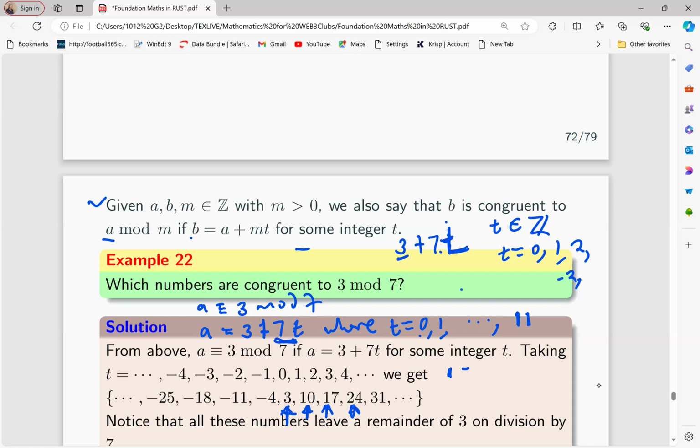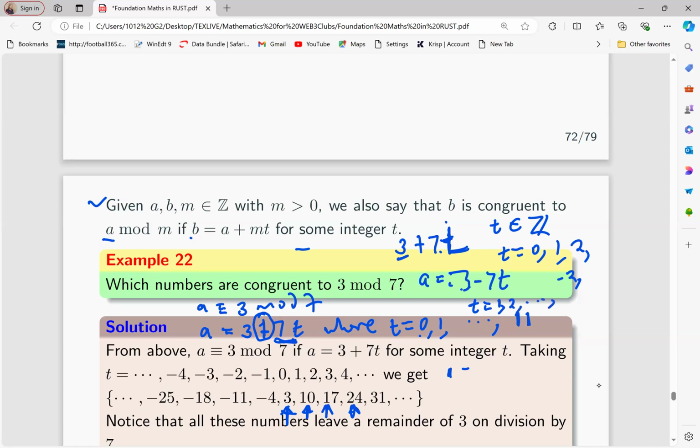I have the negative values. If I want the negative values, I change this sign to negative. So A can also be given by 3 minus 7t. And this time, since I want the negative values, t will range from 1 to up to where you want it.